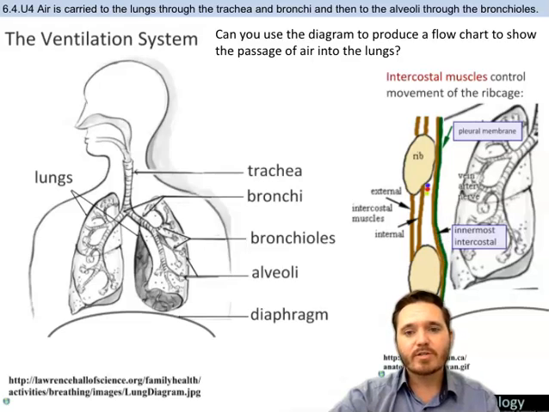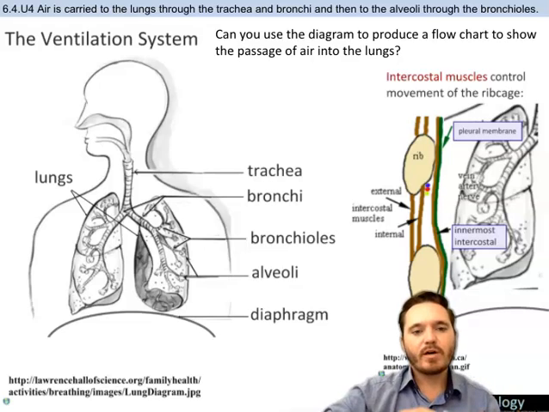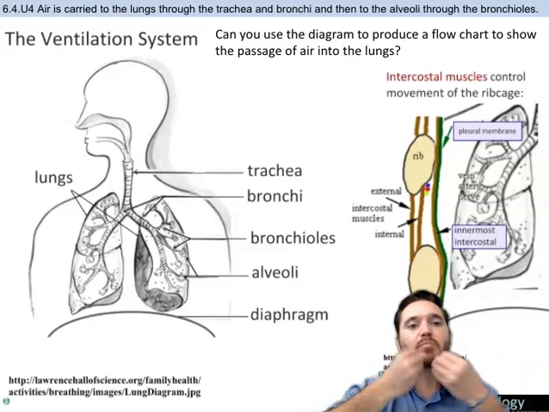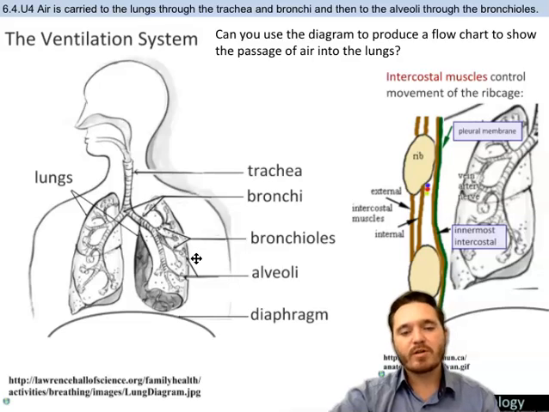And so those actually work with each other to pull your rib cage out, which again is going to create a larger volume in your chest cavity, just like when the diaphragm contracts, which then decreases the pressure and allows air to be pulled in through your trachea, the bronchi, the bronchioles, and finally getting to the alveoli.